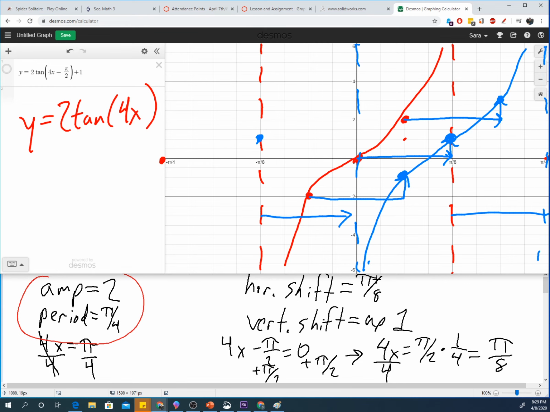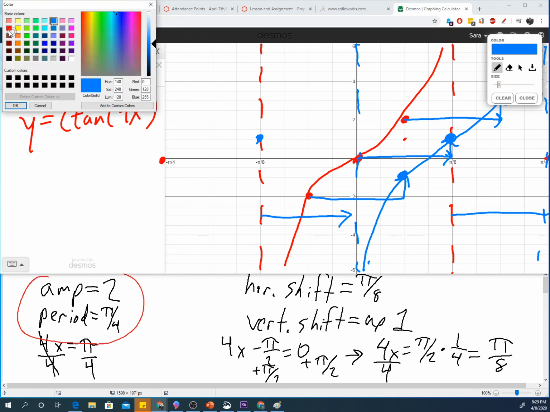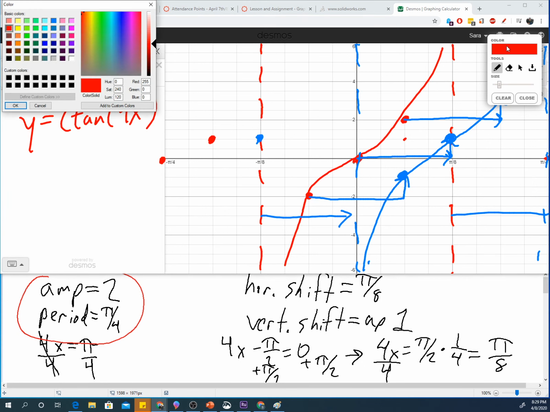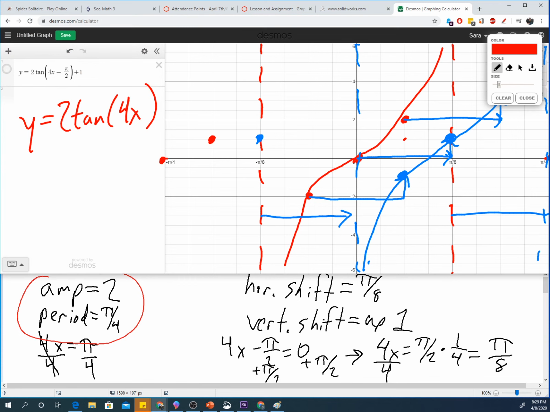This point halfway through, let's see, let's take that back. I'm just going to add in another period over here to the left and to the right. Well, just to the left, really. So this point, I had neglected to put this point in. And to draw its graph in on the red.